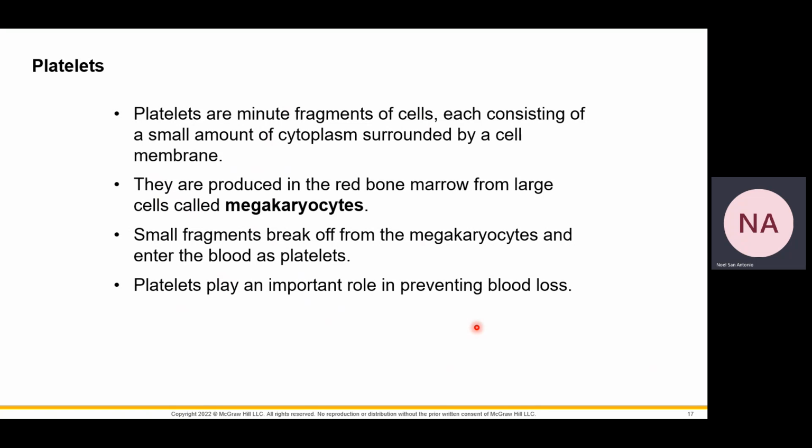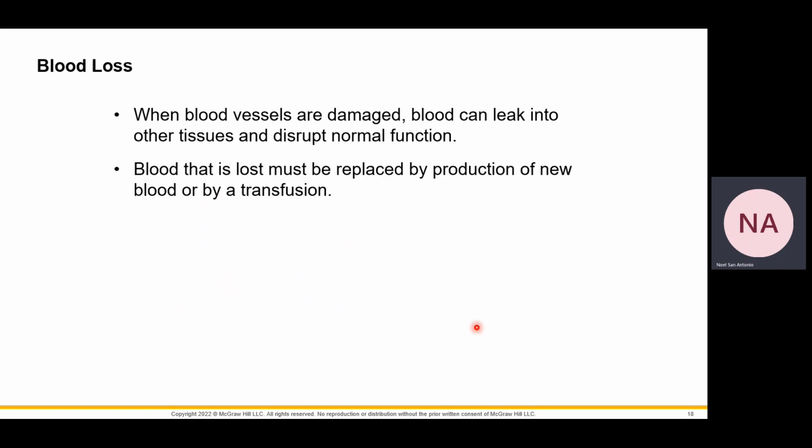Kaya nakakamatay ang dengue because of that. So, when blood vessels are damaged, blood can leak into the other tissues and disrupt the normal function. Blood that is lost must be replaced by production of new blood or by transfusion.